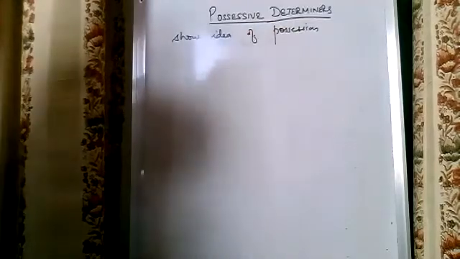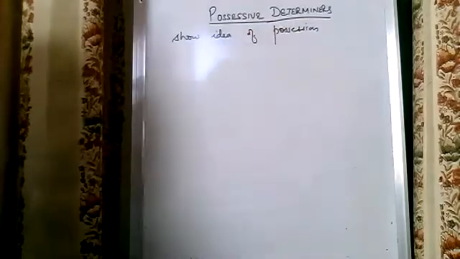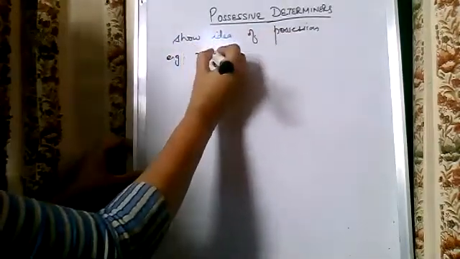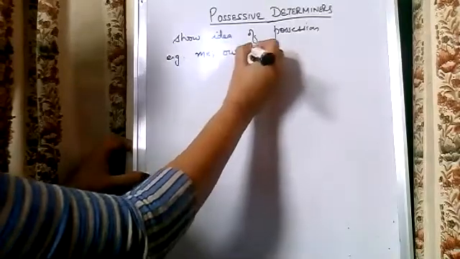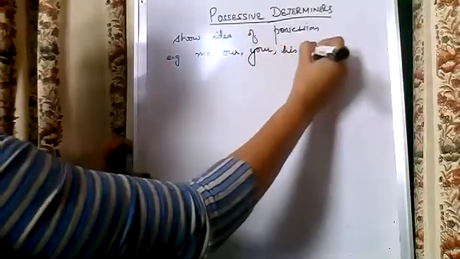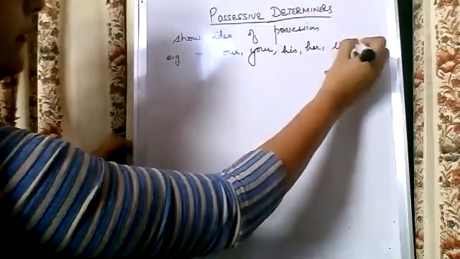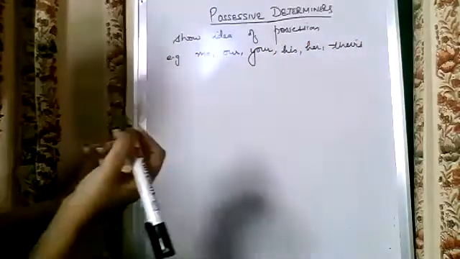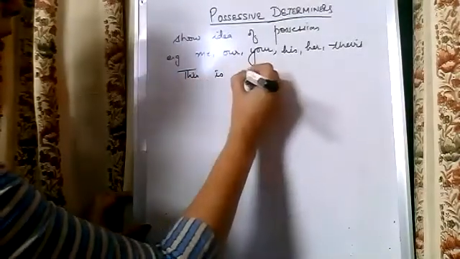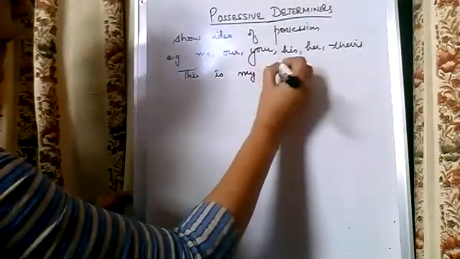Sita met her teacher in the market. Okay, so they show possession, for example, you can say my, our, your, his, her, their, right? So we can write down the examples here. The simplest example is: this is my book, this is your pen.